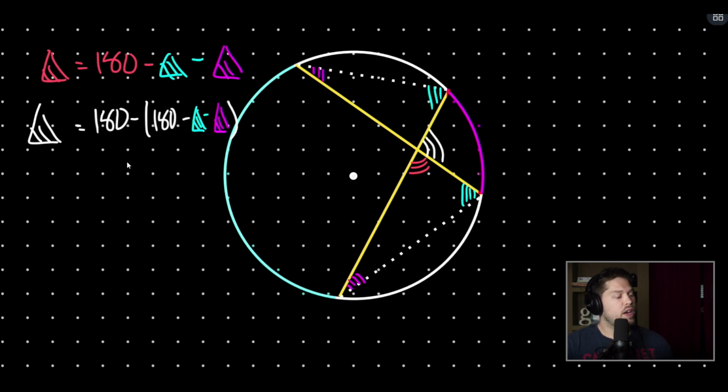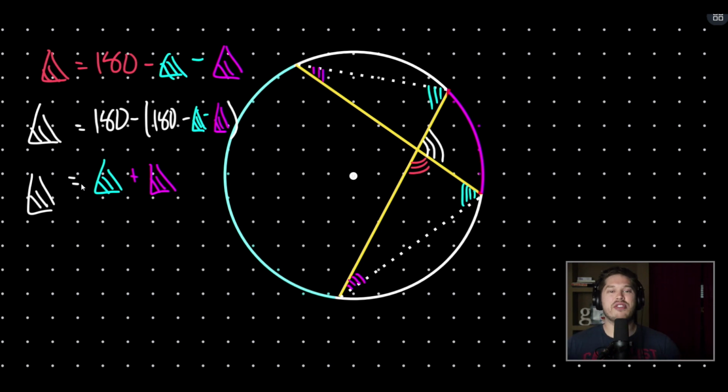If we simplify this, we can see 180 minus 180 is 0. A minus times a minus blue is a positive blue, and a minus times a minus purple is a positive purple. So we can see that my white angle is equal to my blue angle measure plus my purple angle measure.